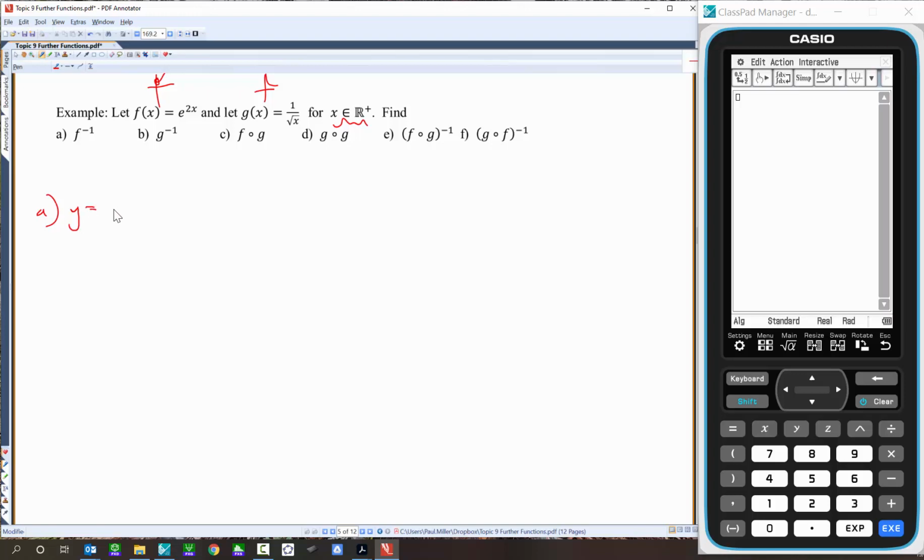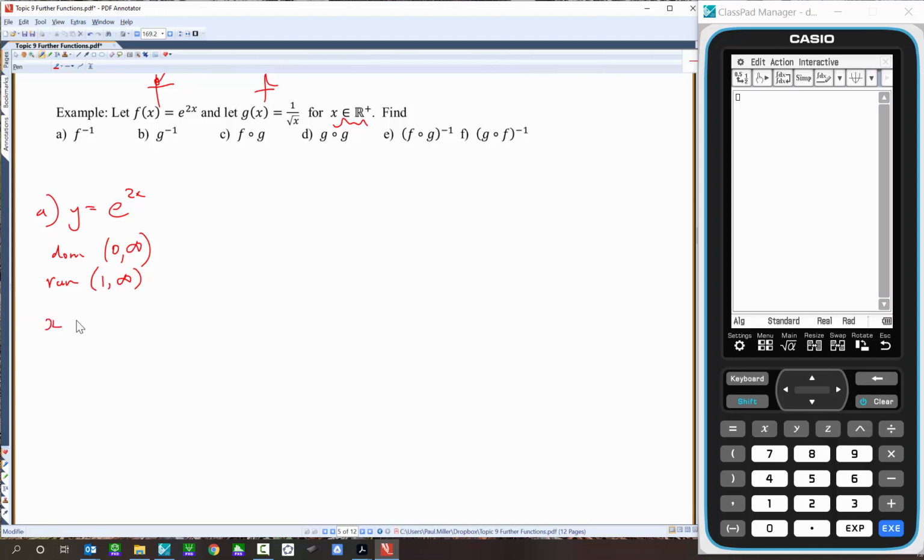So we're going to go y equals e to the 2x. Now our domain of e to the 2x is 0 to infinity. And our range is going to be, e to the 0 is 1, so that's going to be 1 to infinity.